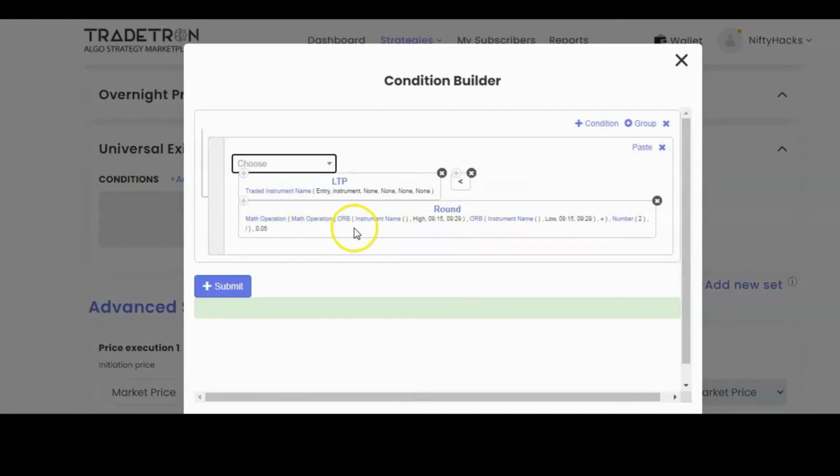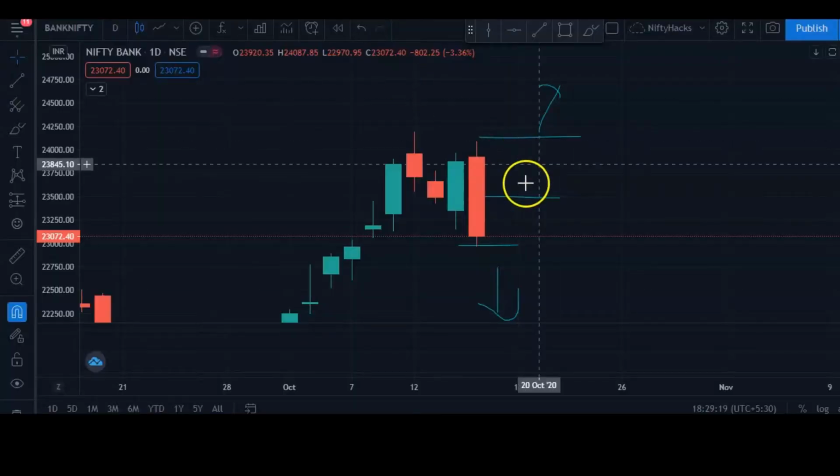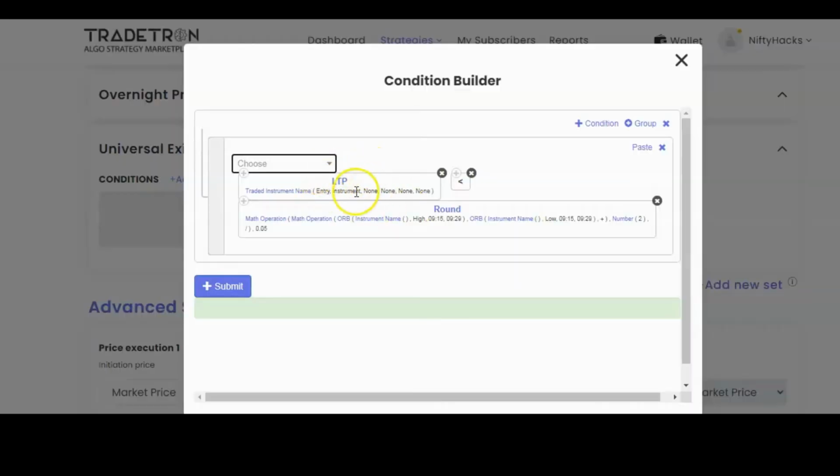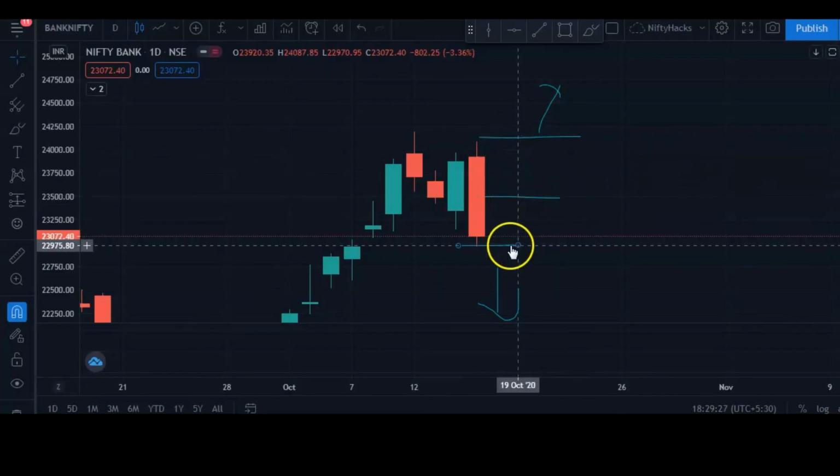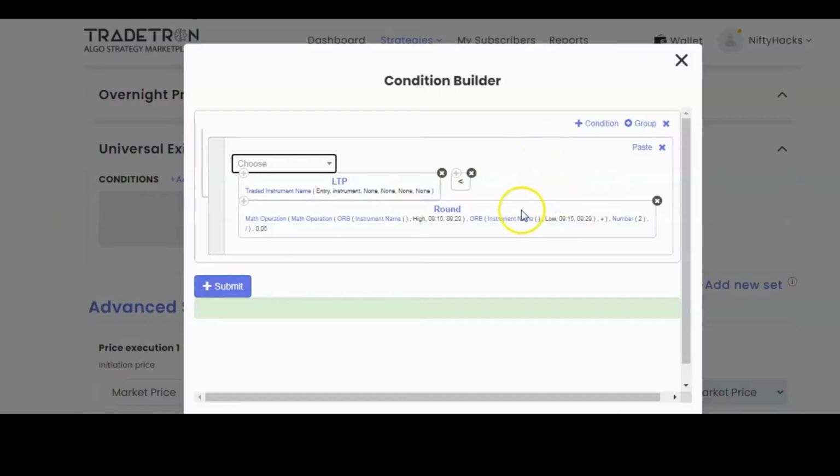So this will give us this value, and whenever price goes below half of the ORB candle, it will exit the position. And this is if you have a buy position. If you have a sell position, just add greater than here rather than less than.